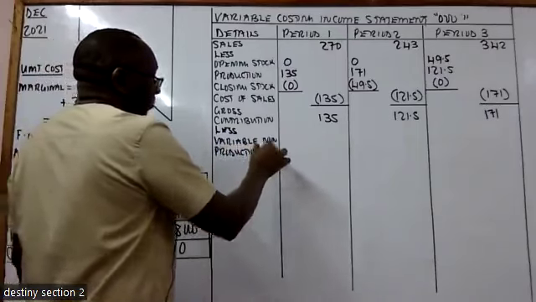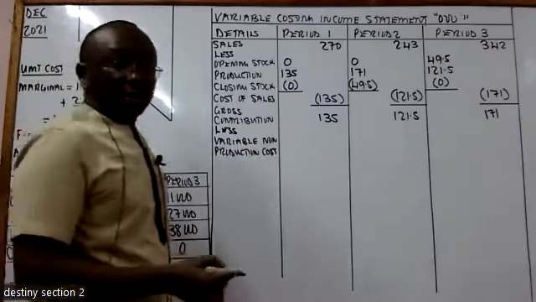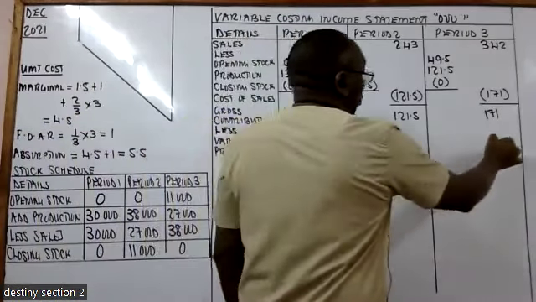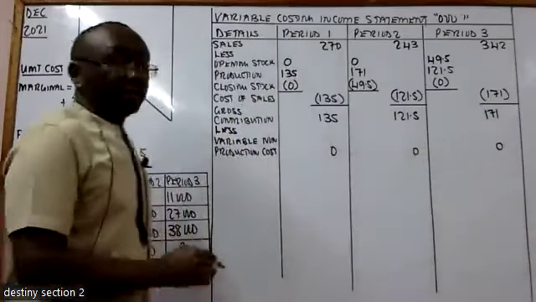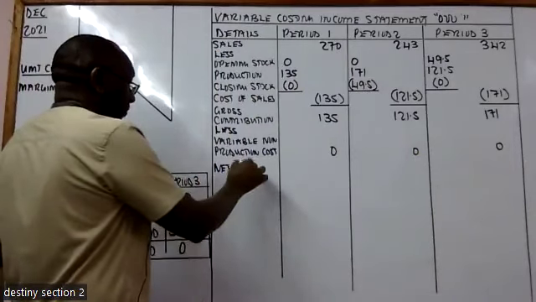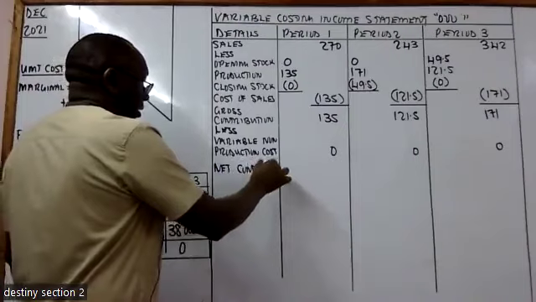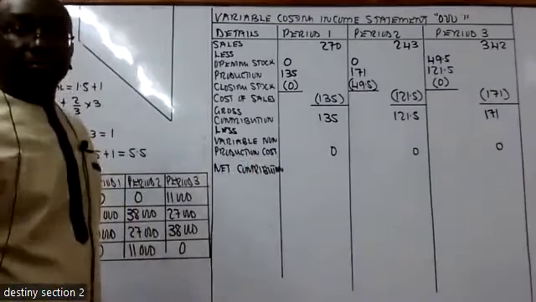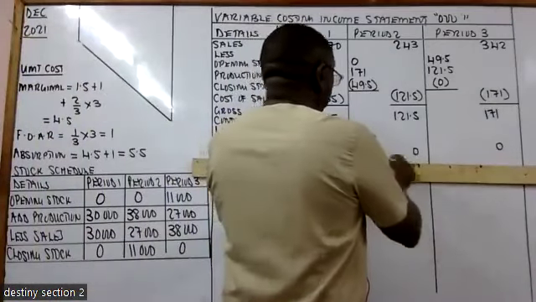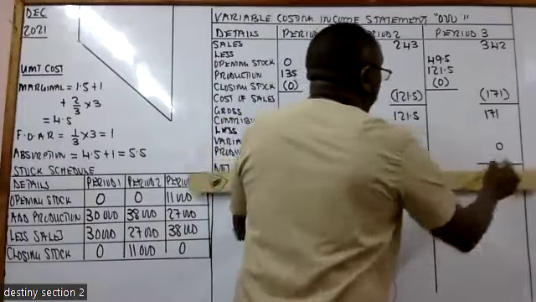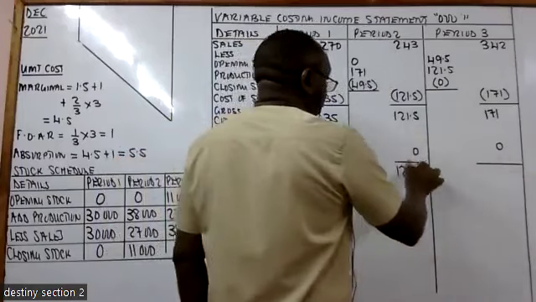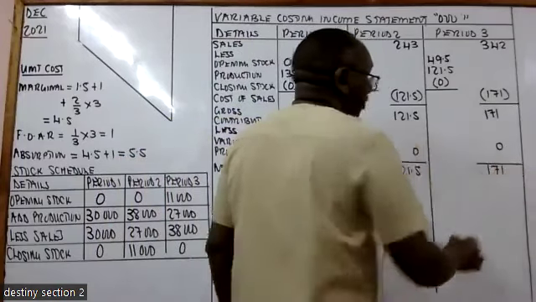In this question, we don't have the variable non-production. So when you less that, kama zingekuwa, you get a figure called net contribution. So the net contribution is 135, 121.5, and 171.